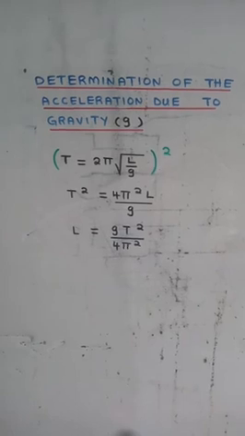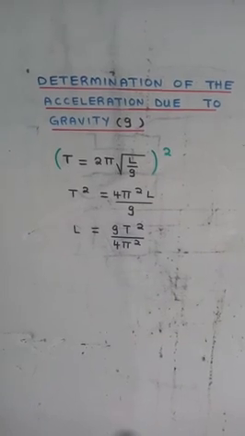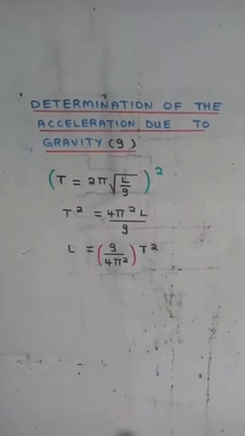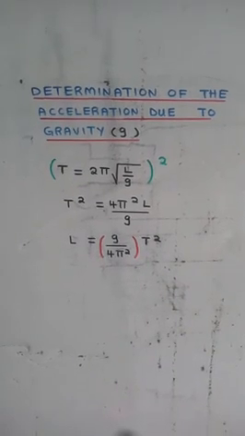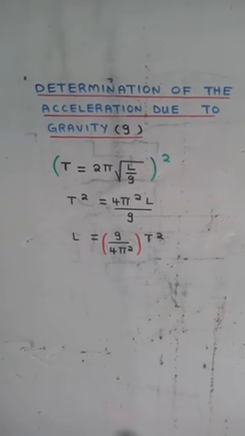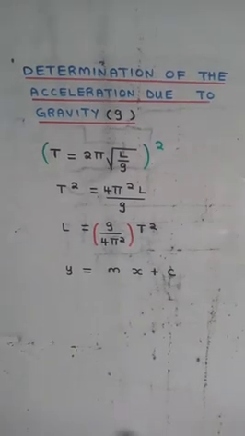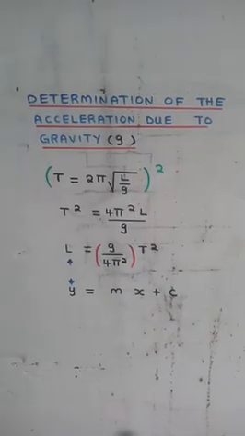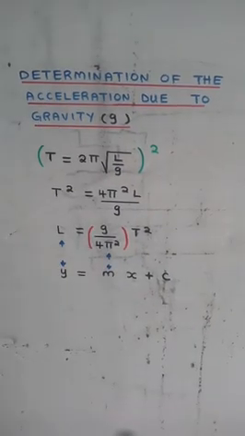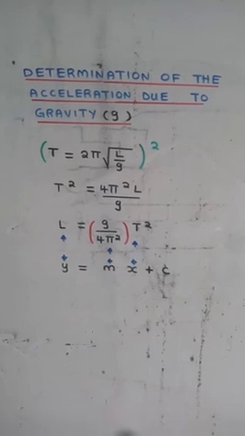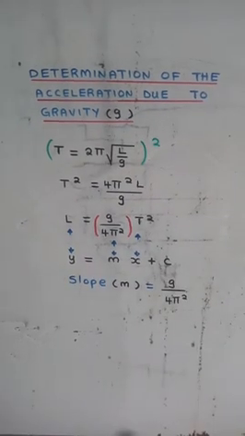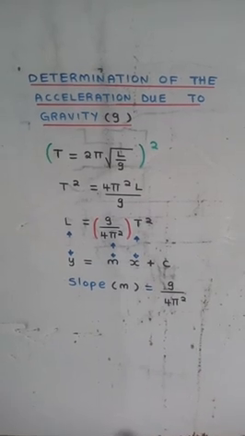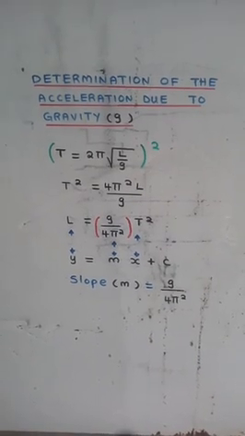Then L is equal to g T square over 4 pi square. By comparing with the equation of a straight line, y is equal to mx plus c, then slope is equal to g over 4 pi square.